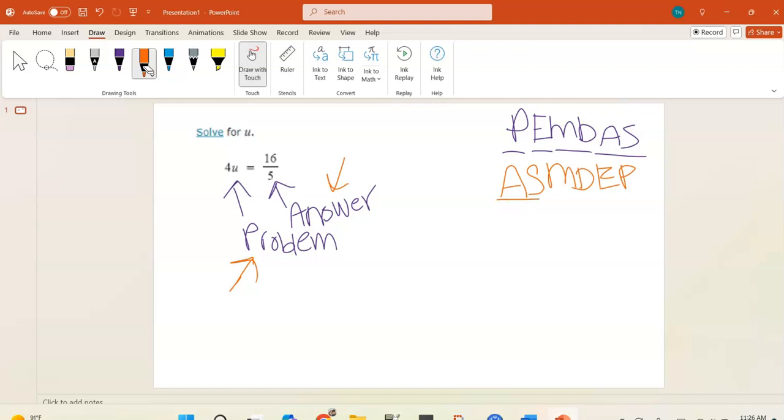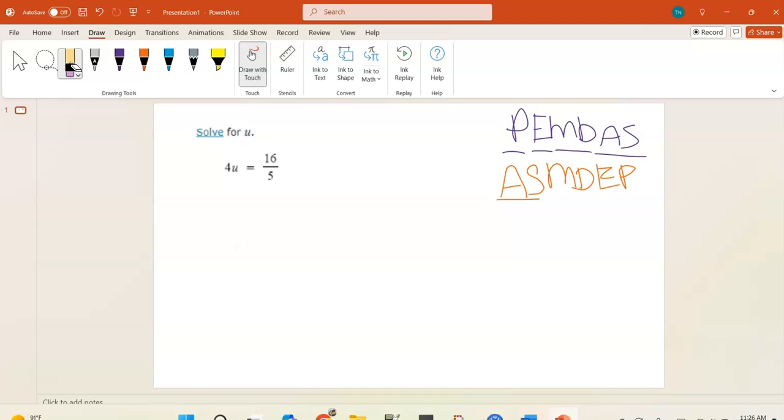So if we look at this particular problem, there was no addition and subtraction. The only thing that is happening to the letter U is it's being multiplied by 4. So we move on to that multiplication and division. When you backtrack, if you walked downstairs and you're looking for your cell phone, then you have to walk back upstairs.